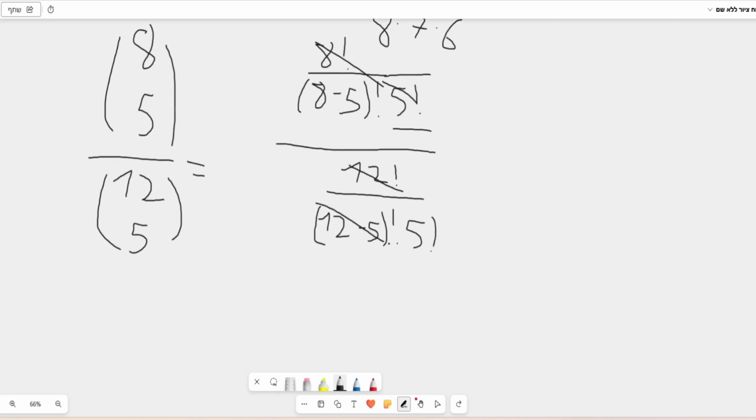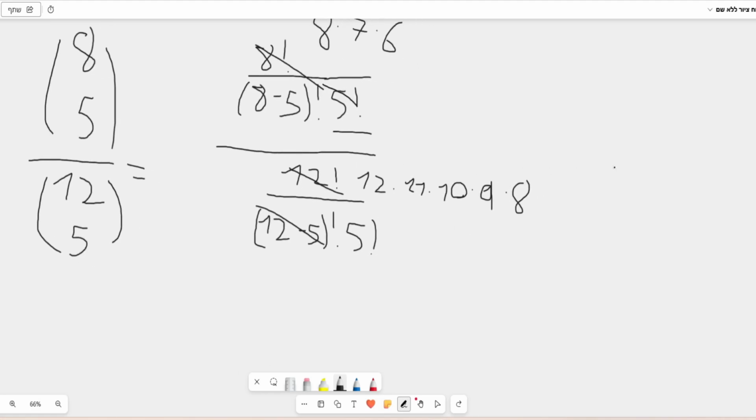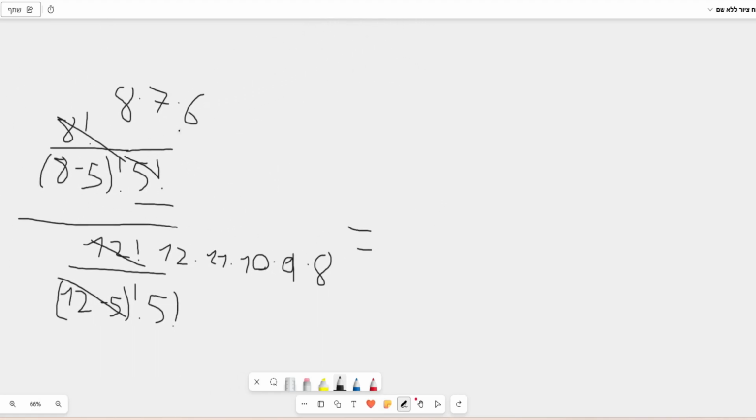This and this is just 7 factorial. I'm going to cancel out to 12 times 11 times 10 times 9 times 8. So this equals 8 times 7 times 6. I'm going to bring this 5 factorial up times 5 factorial.